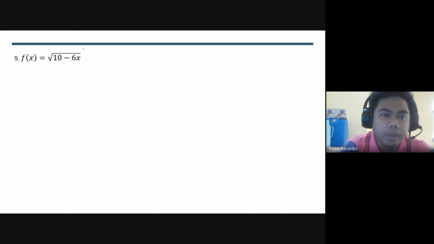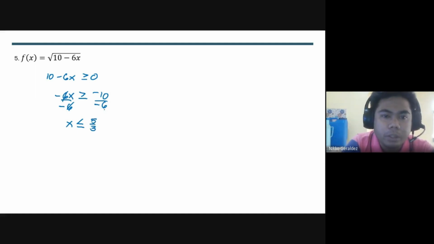So square root of 10 minus 6x. So 10 minus 6x greater than or equal to 0. Then solve for x. So negative 6x, transpose natin si 10. So, greater than or equal to negative 10. Then, divide both sides by negative 6. x, so negative 10 over negative 6, so positive 5 over 3.